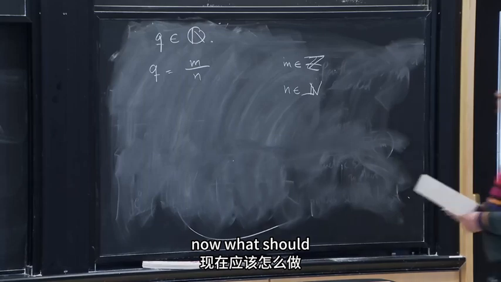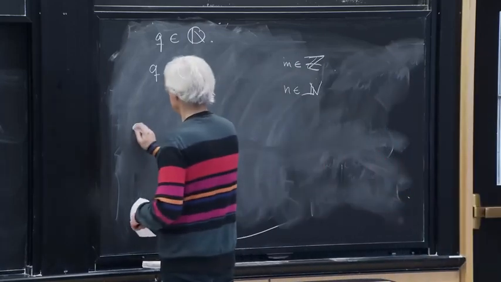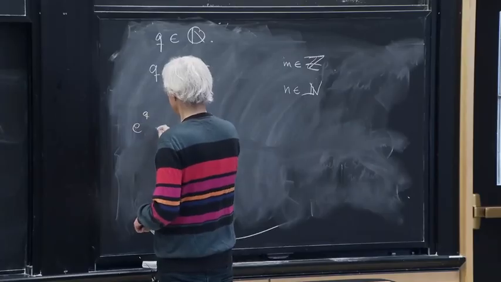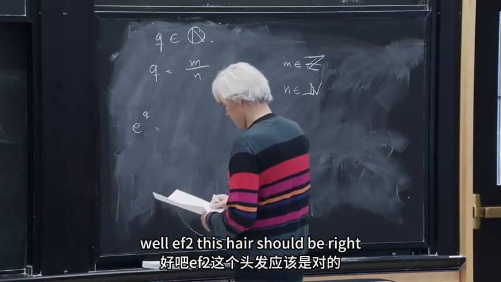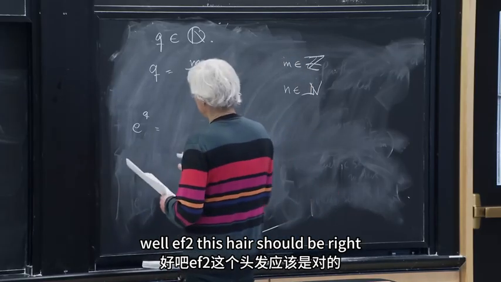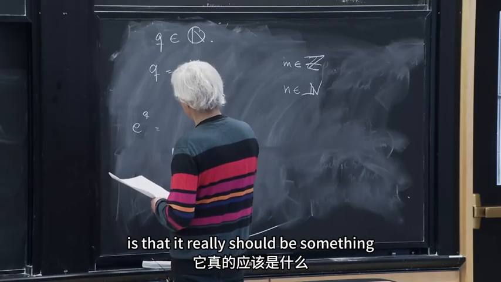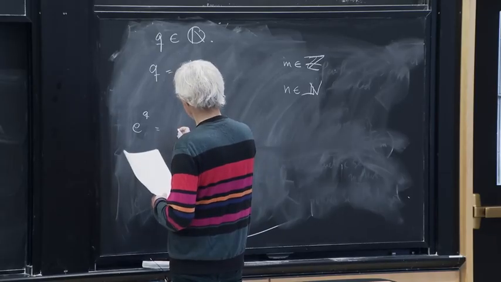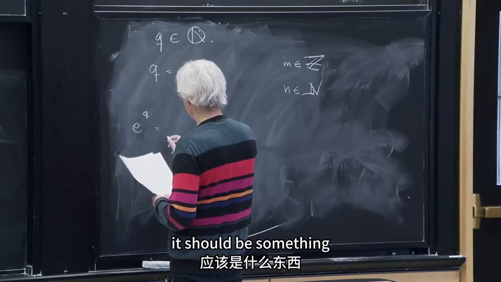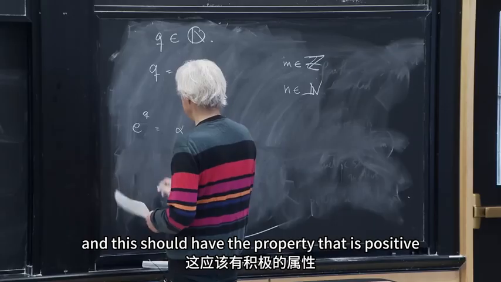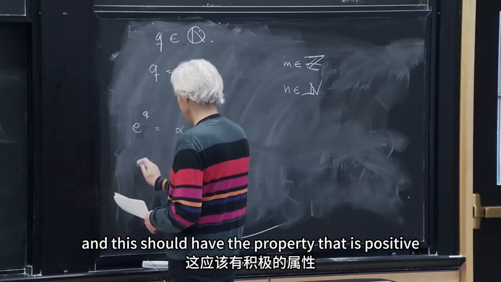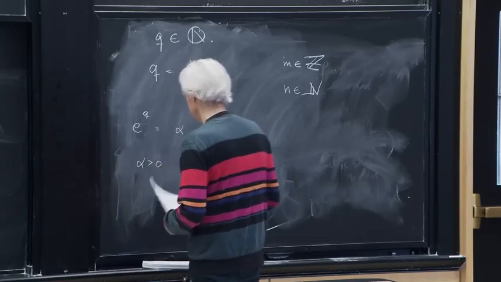Now, what should E of Q be? How you would think about it is that it should be a number alpha, and this should have the property that it is positive.